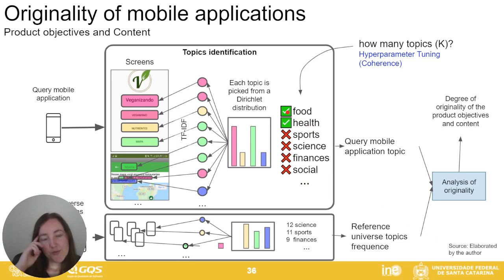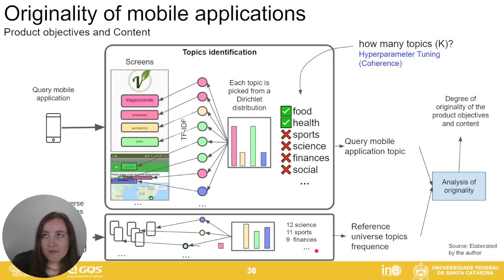So for assessing product objectives and content, we first extract the mobile application content. Then, based on the content, we identify the topics from the required distribution. We can then compare the rarity of these topics by seeing how frequent they are in the reference universe.